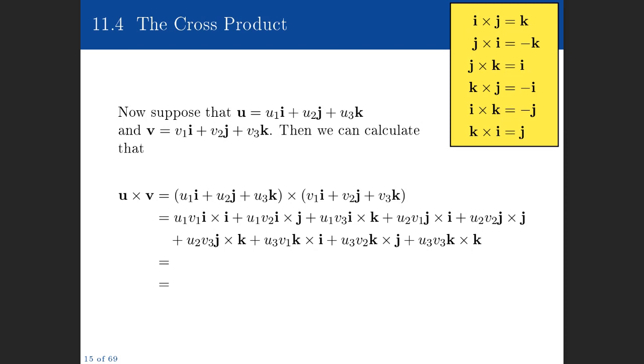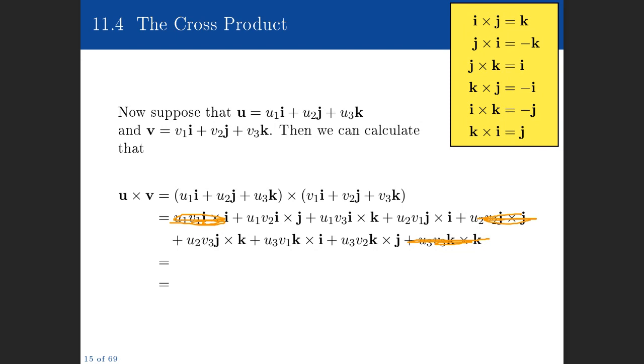Here's the table of results we just did. Remember, i cross i is 0, so we can forget about this. j cross j is 0, so this one is 0. k cross k is 0, forget about this.